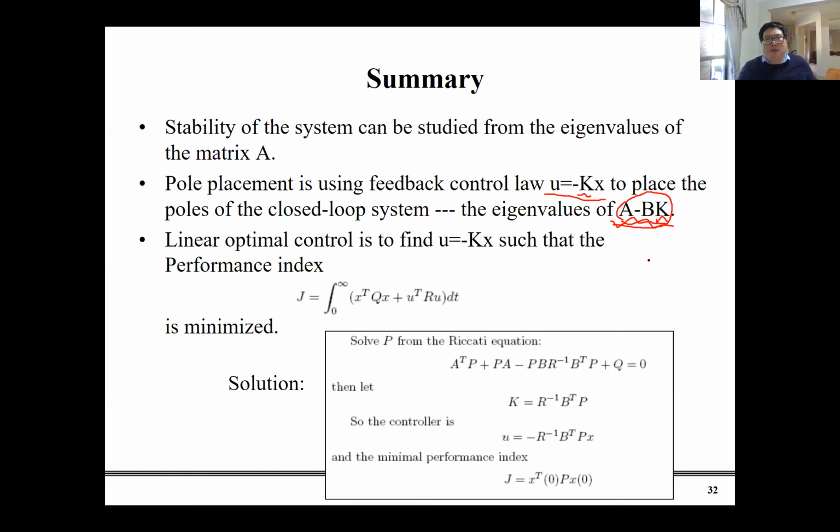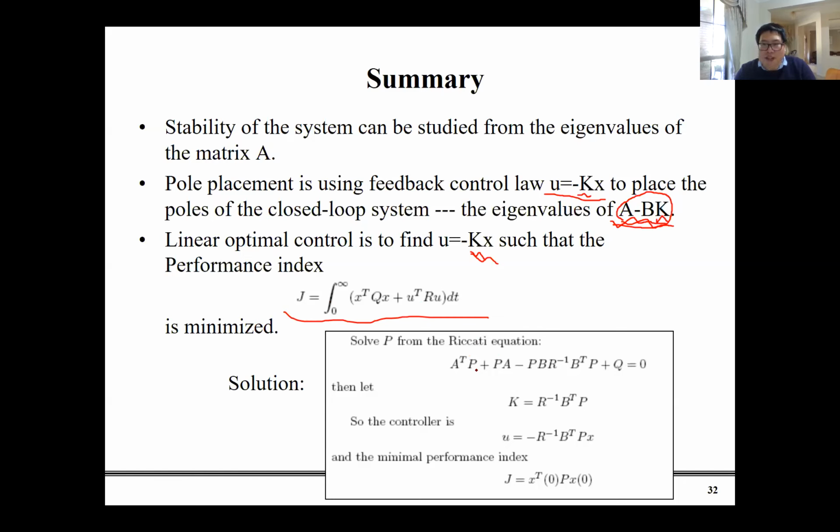Because for pole placement, we can really have multiple cases to make the system stable, right? So which one is the best? Then we introduce optimal control. Optimal control is to choose the best K, or the optimal K, which makes the performance index minimized.